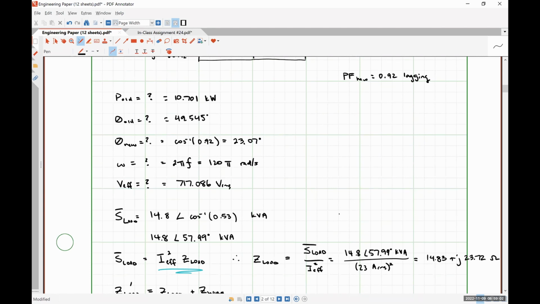And we now have enough to put into our calculator. So let's do it. 10.701 kilowatts times 10 to the 3 times the tangent of 49.545 minus the tangent of 23.07. I'm going to store that as A. And then I have omega, which is 120 pi times 717.086 quantity squared.